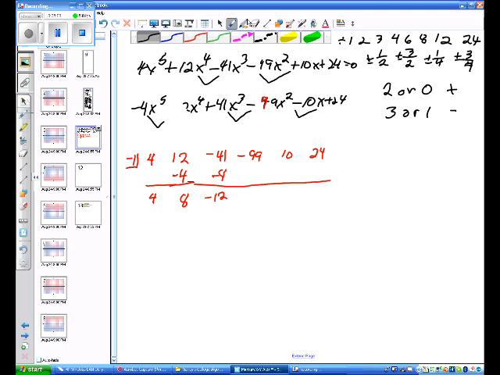I'm not doing a good job of copying down my problem. So this is negative 49. Hopefully I haven't messed up again. So that would be 49 minus 99 would be negative 50, which would be positive 50, 60, negative 60, which is negative 36. So negative 1 is not a root. Now, once it's not a root for the original one, it won't be a root for the reduced one either. So we can do away with the negative 1 forever.